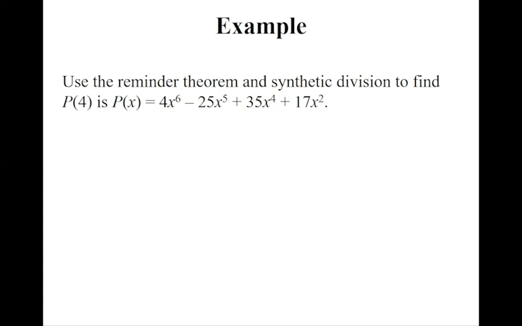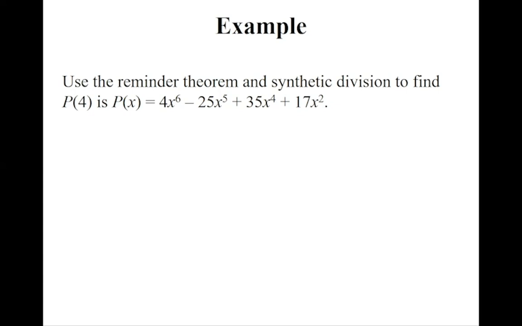So we know p of 4 means x equals 4. We could do 4 to the 6th and get a big number, multiply that by 4, get a big number. Do 4 to the 5th, get a big number, multiply that by negative 25, get a big number. Do 4 to the 4th, get a big number, multiply by 35, get a bigger number.